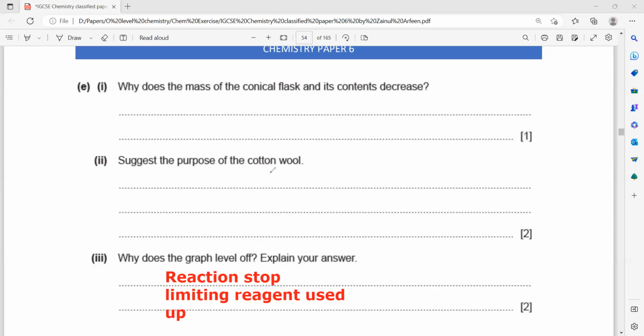Why does the graph level off, what does it mean? Why does the graph become horizontal, with a slope of zero? It shows that the reaction has stopped. And why does the reaction stop? Because at this point one of the reagents, the limiting reagent, is used up. If you have a change in mass over time or a volume over time, the graph levelling off always shows that the reaction has stopped, because the limiting reagent is used up.